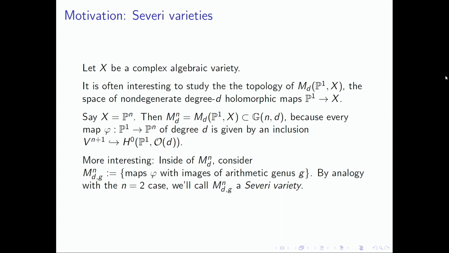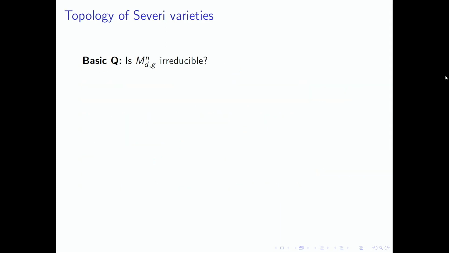They're what are known as Severi varieties of plane curves. So we can start asking questions about Severi varieties of curves that are no longer in P2 but are in higher dimensional spaces. For example, we can ask whether these spaces M_{n,d,g} are irreducible or not, the first topological question.